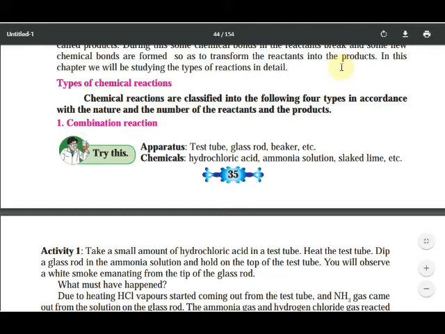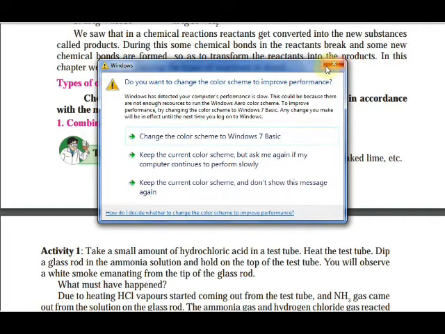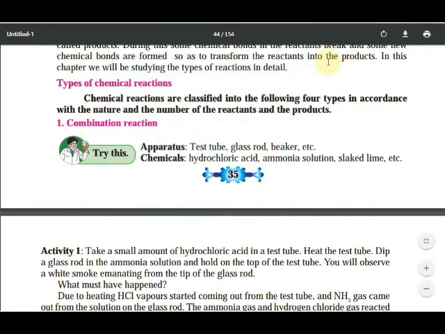Understood? Hydrochloric acid we have taken in the test tube, and what have we done? We gave heat to the hydrochloric acid, and at the side of the glass rod which is dipped inside, what have you seen? You have seen smoke coming out, and that smoke contains ammonia gas.